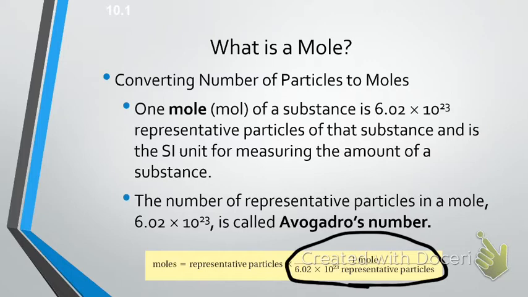We can use that as written or flipped, either way. This allows us, as in dimensional analysis, to cross off the units that are the same on the top or the bottom, and we can get our answers in moles.